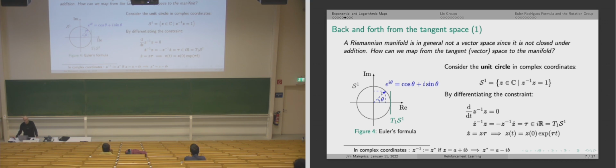How did the differentiation happen? So what we are doing here is saying that z is a function of time.